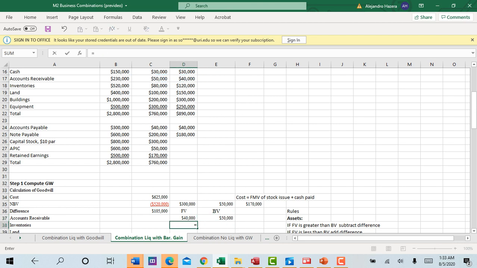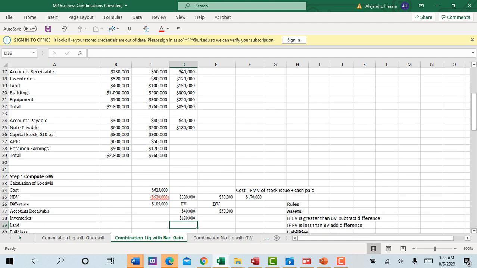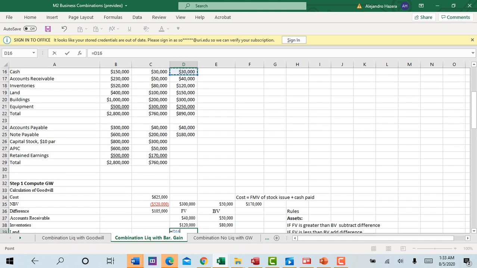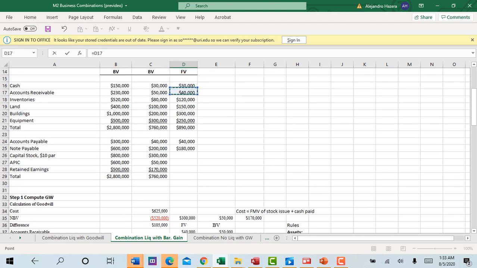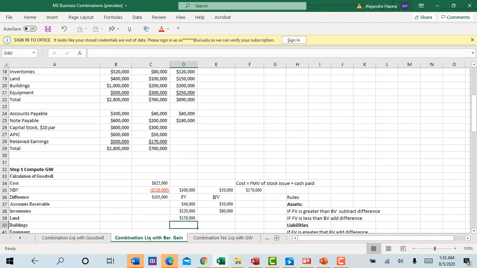For inventories, the fair value is 120. The book value is 80. Then for land, the fair value is 150. The book value is 100.